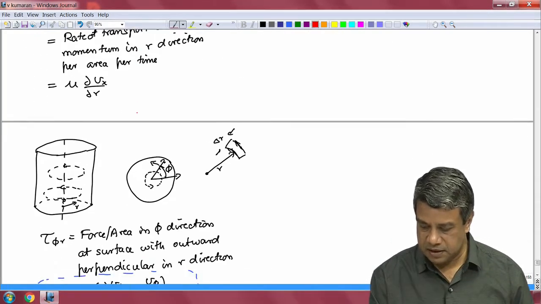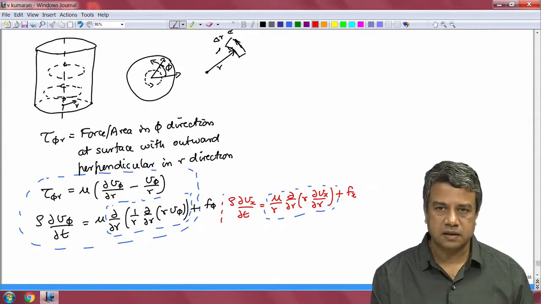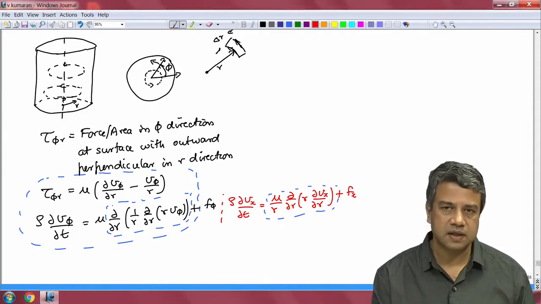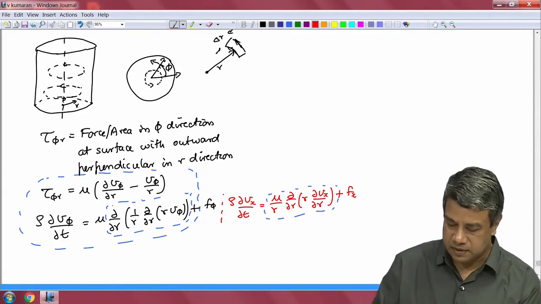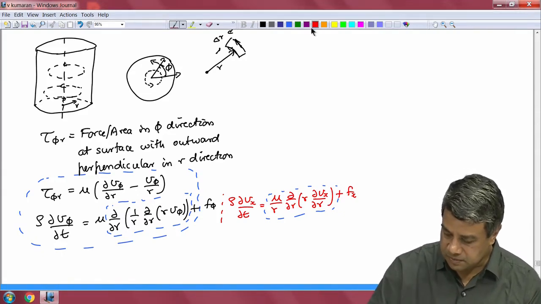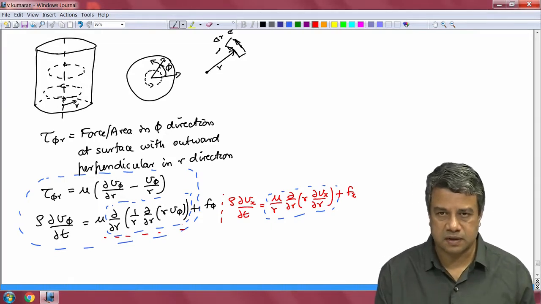If it is in the azimuthal direction, if it is around the axis, then you get a slightly different form of the equation, and this we were not able to derive. I just stated it because it is not within the scope of this course.